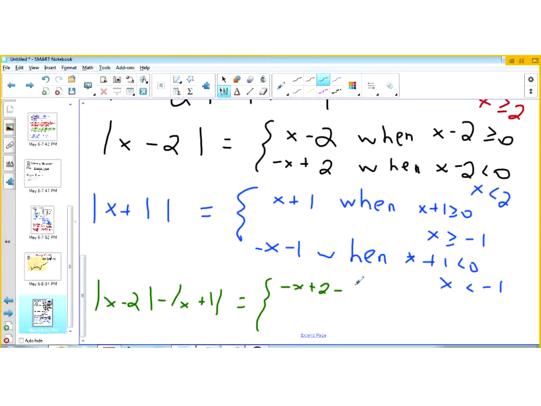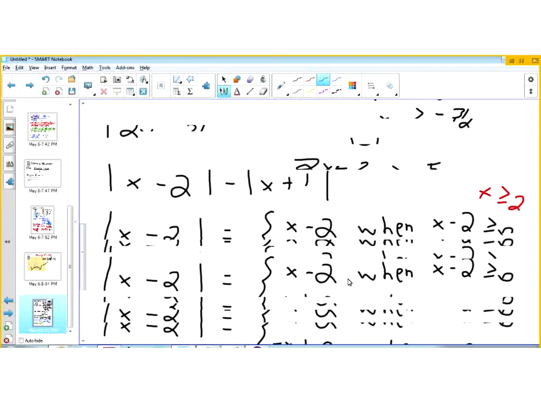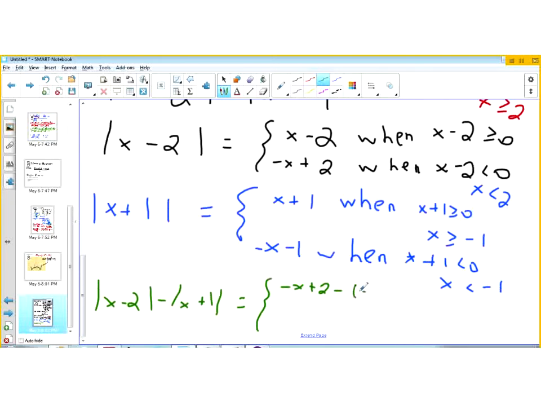Minus, let's see, what was the original function that I had? Yeah, minus, minus x minus 1 for x less than negative 1. Okay, and then you can, of course, simplify this. All right, now when x is between negative 1 and 2, x is less than 2, so this would be negative x plus 2. But now x is greater than negative 1, so that would be minus x plus 1.